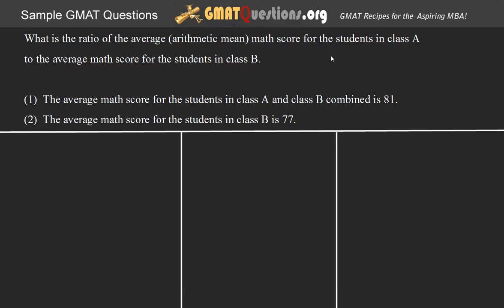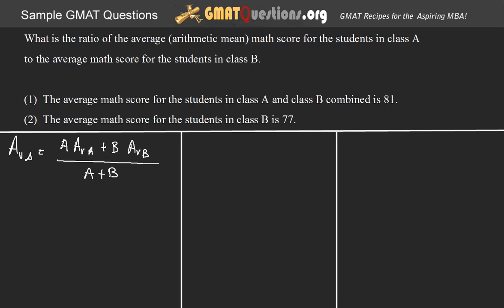I'm going to remind you of the formula for weighted average. If we call the combined average, the weighted average, AVS for all the students, this is equal to A, the number of students in class A, times AVA, plus B times AVB, the number of students in class B and the average score for students in class B, all over A plus B. By now you should be familiar with this notation.